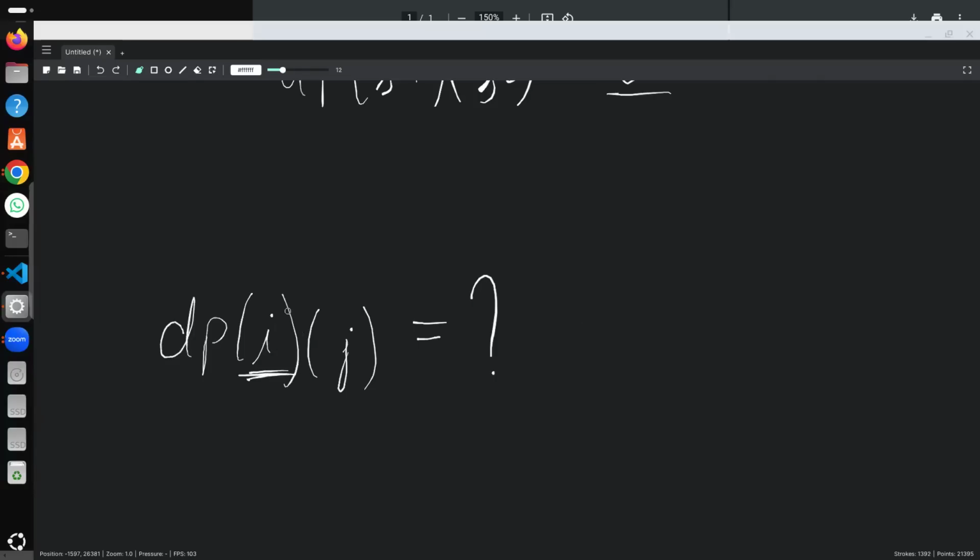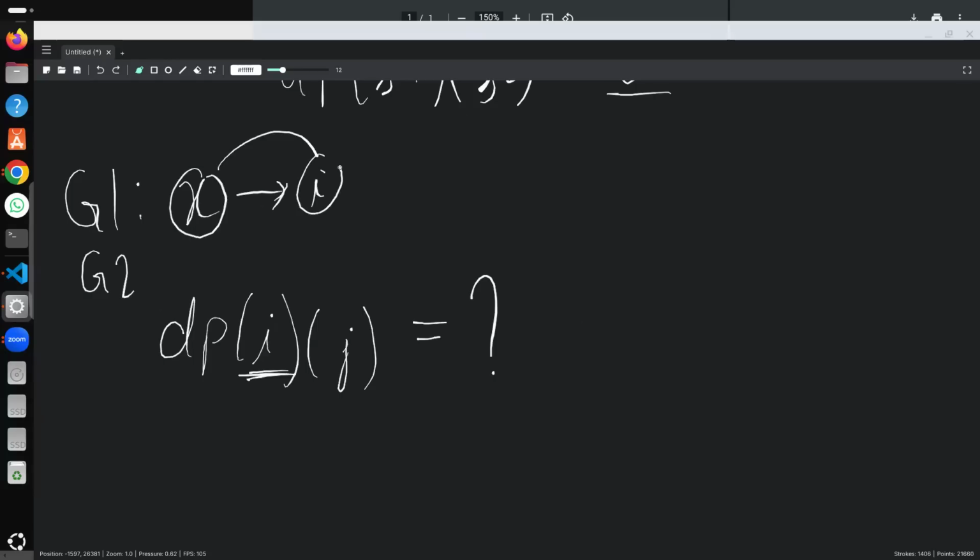If we are reaching i, that means we were at some vertex x in the first graph, and then we went to vertex i, so x and i have an edge. And in graph 2, we were at vertex y, and we went to vertex j. So therefore, y and j have an edge.